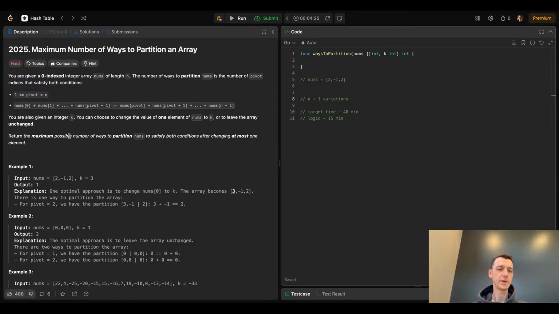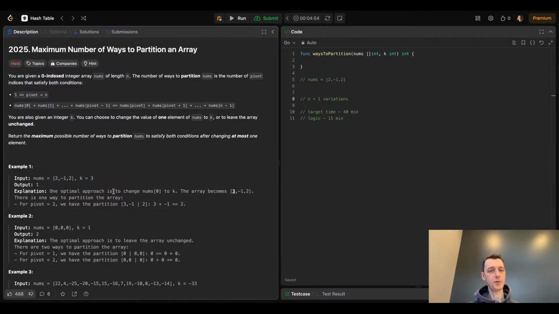Return the maximum possible number of ways to partition nums to satisfy both conditions after changing at most one element. So here is an example, 2, -1, 2, k = 3.